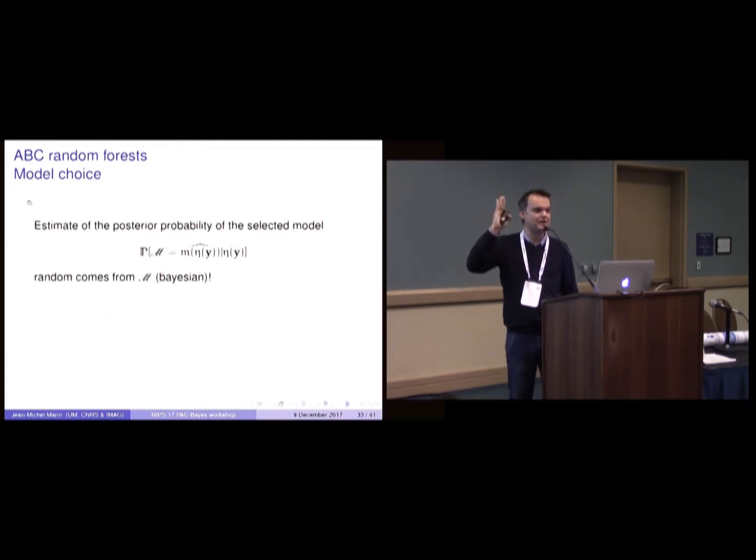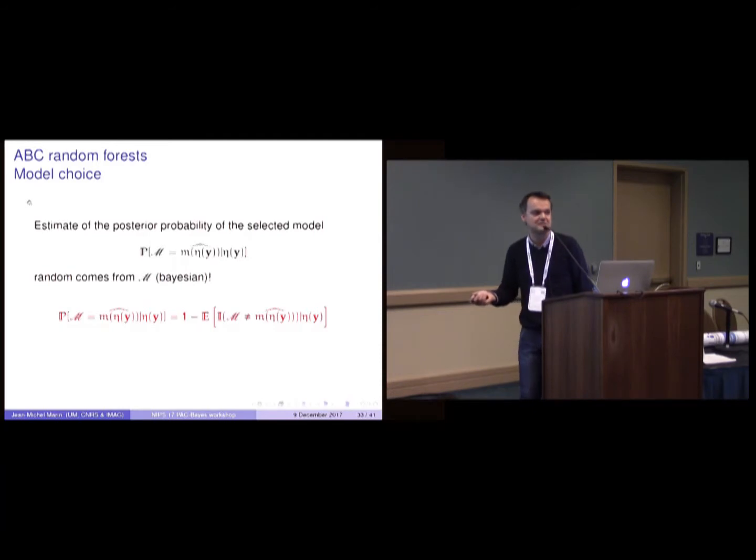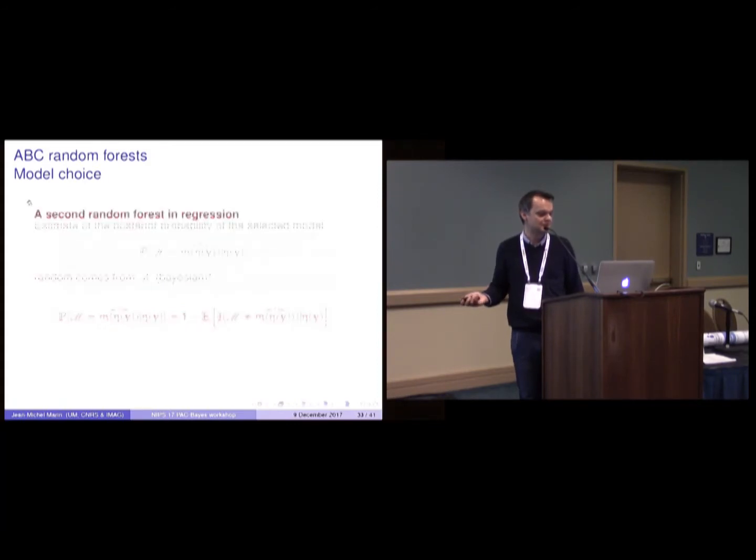I condition on my simulated dataset, my reference table, and I condition on the observed. All the randomness comes from M here, okay, in this equation. So you have this, extremely simple, and then if you are able to estimate this, you are able to estimate this guy. And so we will construct the forest to estimate this expectation, and this is not a classification random forest, but a regression random forest to estimate this expectation.